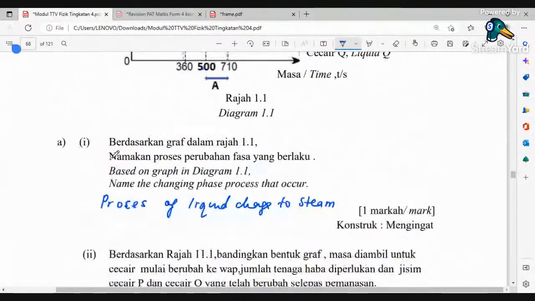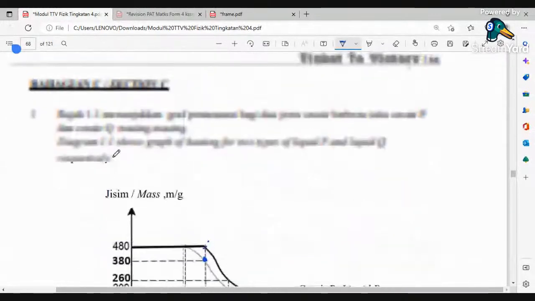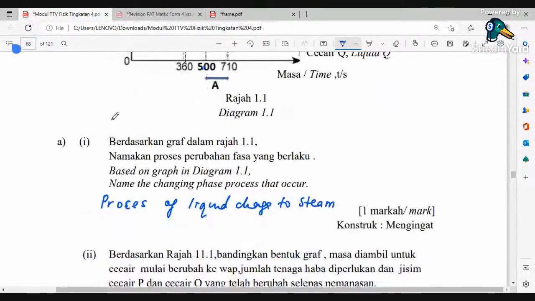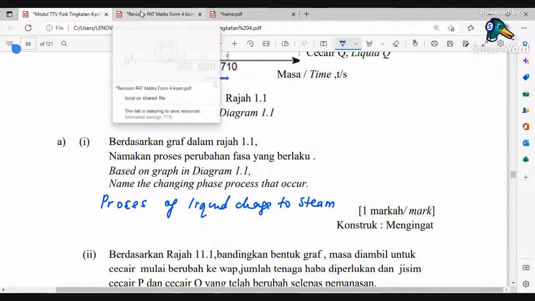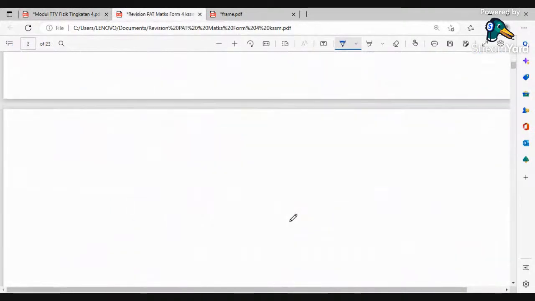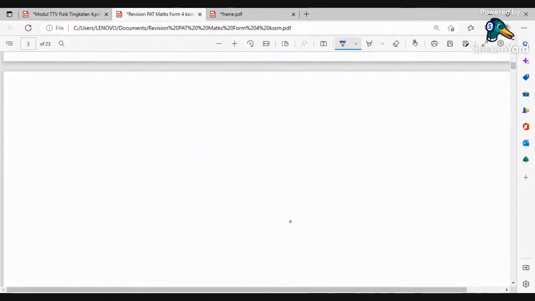So for part A2 number 1 section C, try to write here sebab tak ada space di situ. One A2, 5 marks.